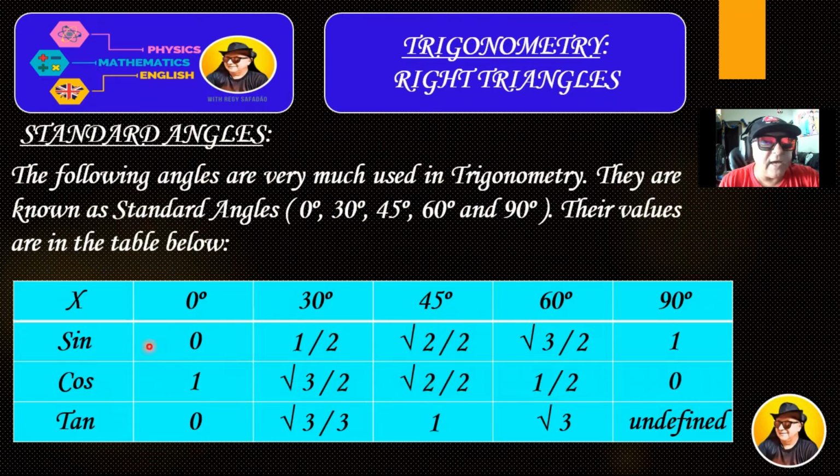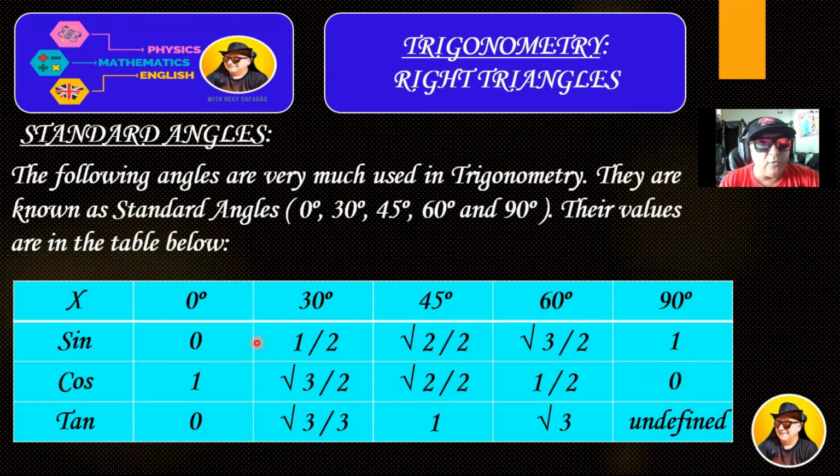Cosine. Cosine of 0 degree is 1. Cosine of 30 degrees is root of 3 over 2. Cosine of 45 degrees is root of 2 over 2. Cosine of 60 degrees is 1 over 2. And cosine of 90 degrees is 0.